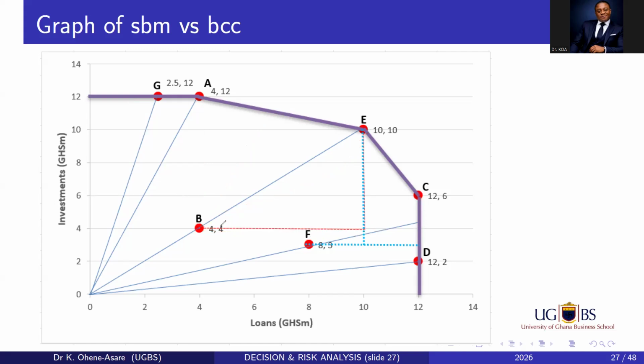Now, what the slack-based measure is doing is using both horizontal and vertical movement to reach the frontier. Horizontal movement would have hit this part of the frontier for B, which means that at that part, it would have generated what? Slacks. And because it doesn't want to generate slacks, it will go this way after hitting this part.